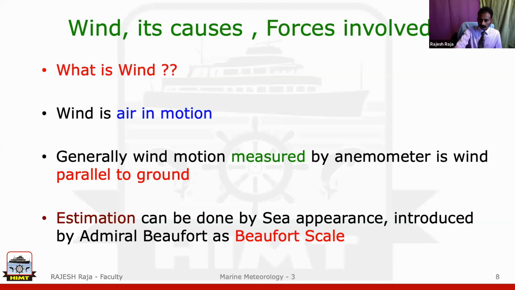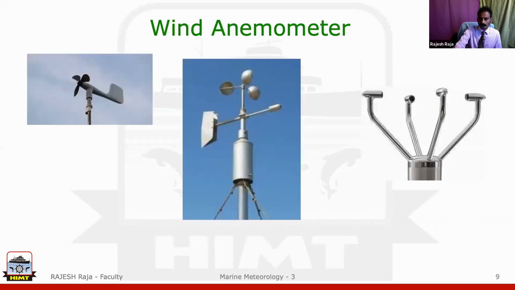You might come across that in your meteorology class, but still I have a small screenshot which I'll show you. Just a quick picture of a couple of types of wind sensors or anemometers. The left one is the most basic one. The right side is divided into two. The direction and the speed are measured by two different objects, one above the other.